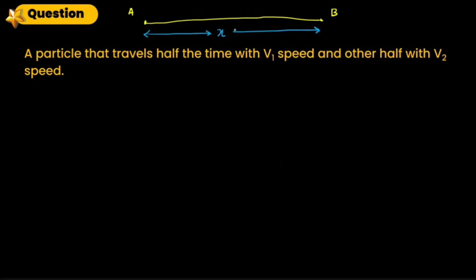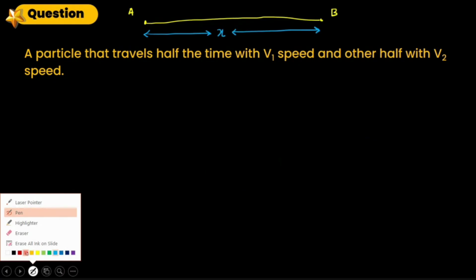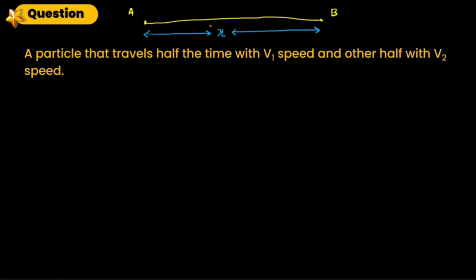Now the question says, what is the average speed? So for covering this much distance x, the particle must have taken some time. Let me assume that time to be capital T.